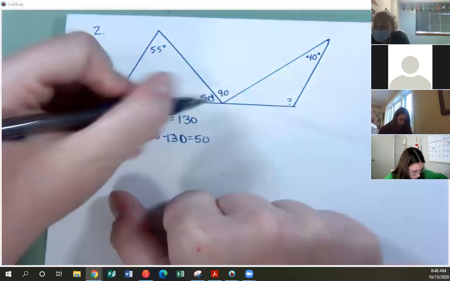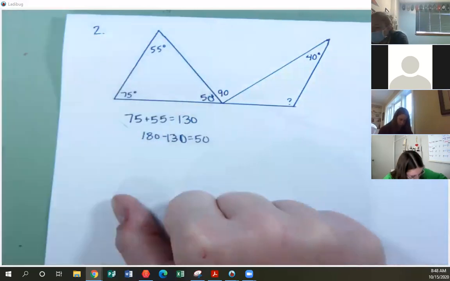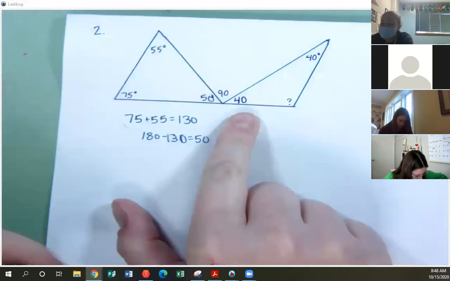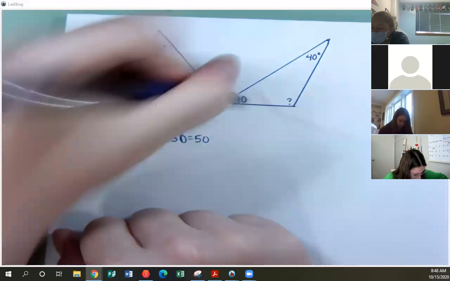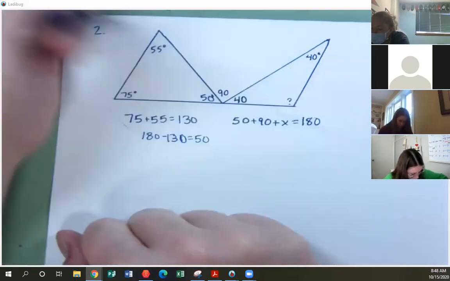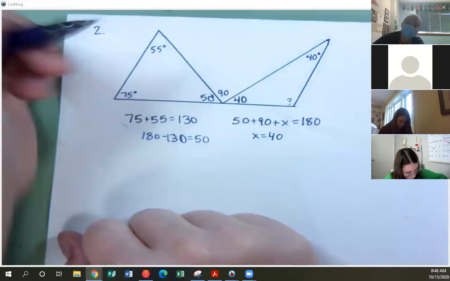So if we add 50 and 90 and get 140 and subtract that from 180, we can realize that this is 40 degrees right there. You can also solve it like this: 50 plus 90 plus x equals 180. And then when you solve for x, you would get 40. Both of those would work.